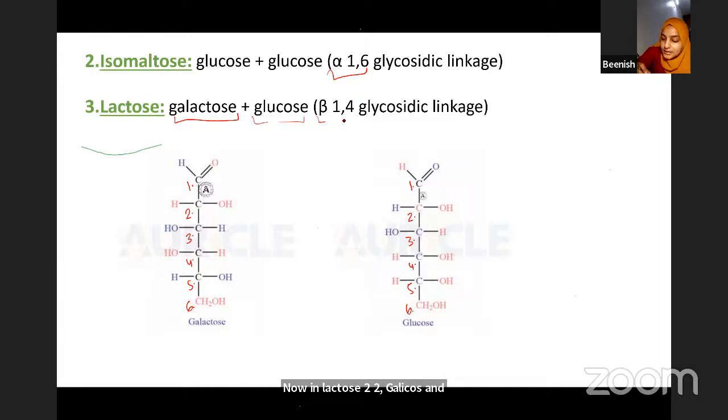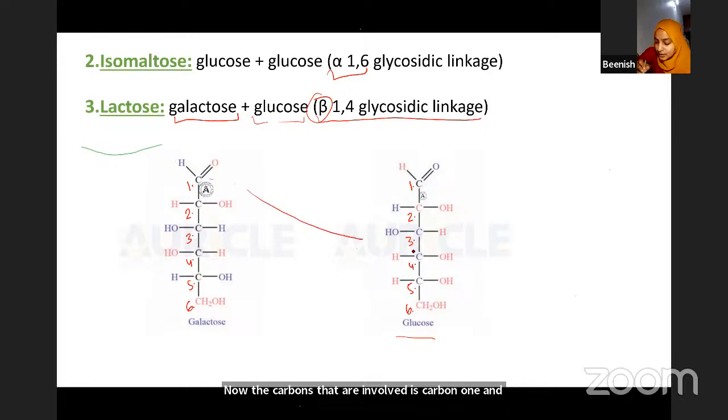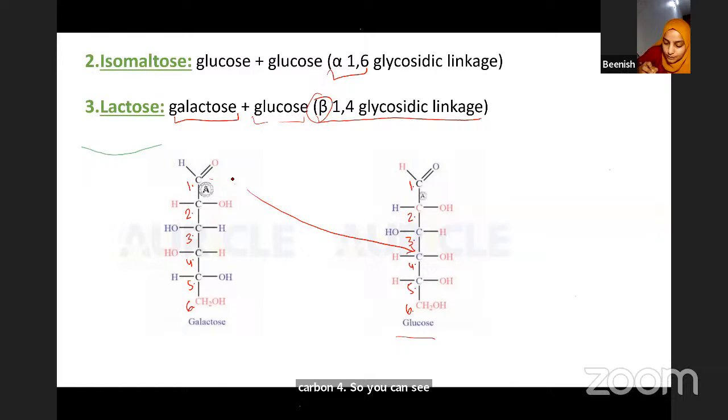Now the bond is a beta 1,4 glycosidic linkage. It is beta because galactose and glucose are in beta conformation, so it is known as beta linkage. The carbons involved are carbon 1 and carbon 4, engaged in a bond forming a beta 1,4 glycosidic linkage.